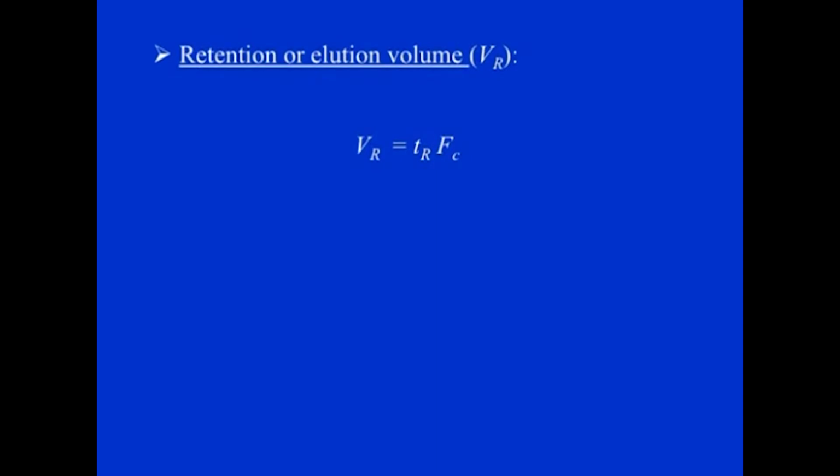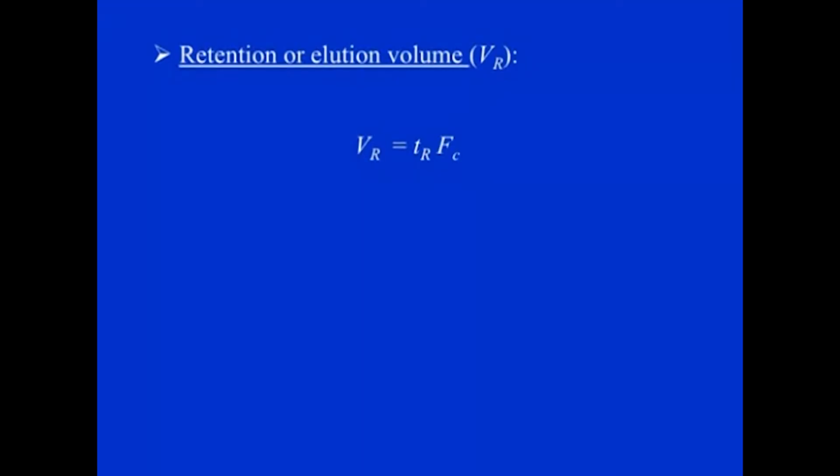Then, along with retention time, there is another term called retention volume or elution volume. Retention or elution volume is the volume of mobile phase required to elute the analyte under standard conditions.